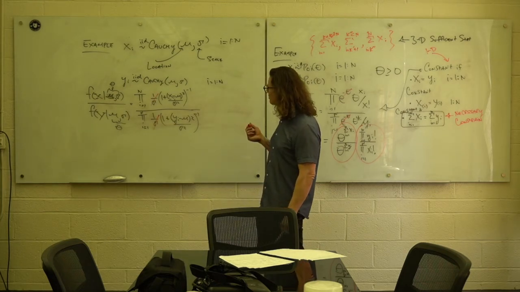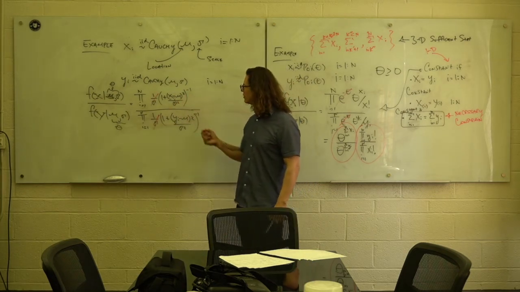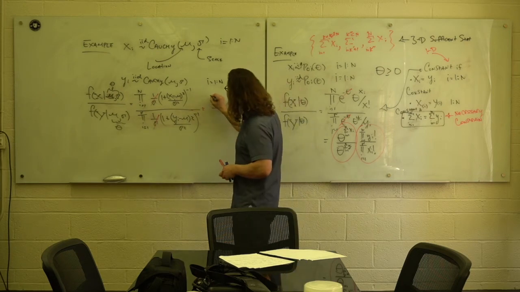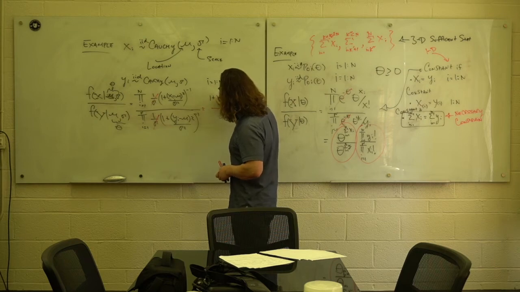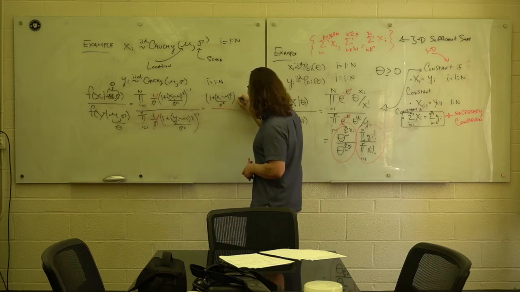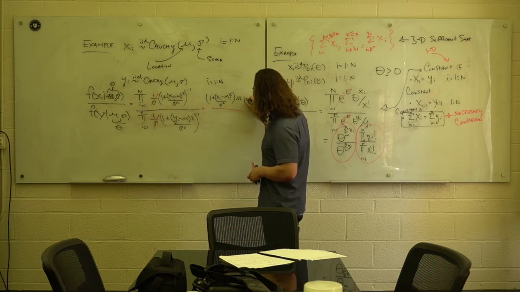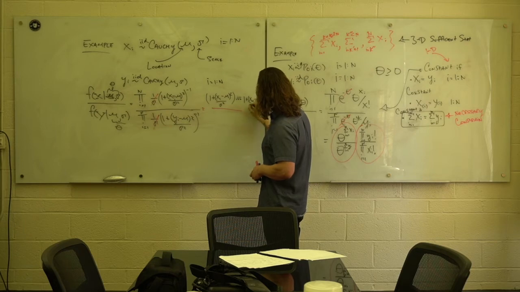So the question is can I simplify all of this? So this is just going to be equal to, I'll just make this a little bit more obvious, 1 plus x1 minus mu squared over sigma squared, dot, dot, dot, give myself a little bit of room, 1 plus xn minus mu squared over sigma squared.